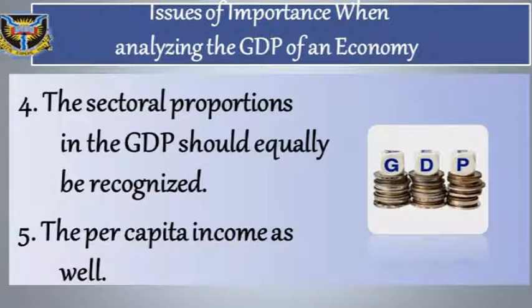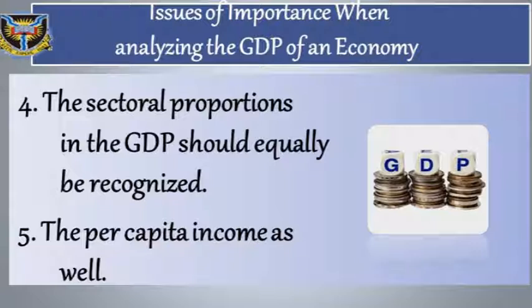4. The sectoral proportion in the GDP should equally be recognized. For example, the percentage contributions of the agricultural sector, the industrial sector, the building construction sector, etc. to the overall GDP should be considered with a good sense of analysis.